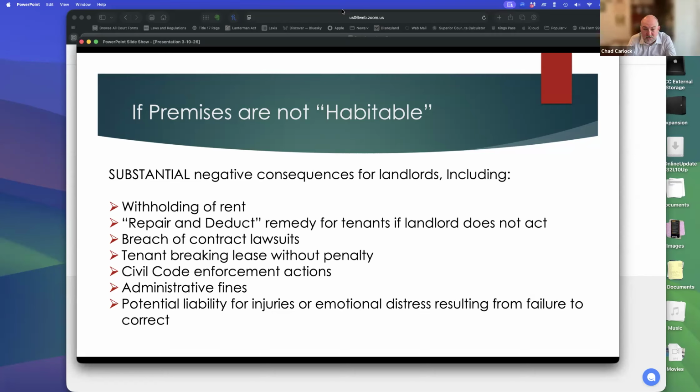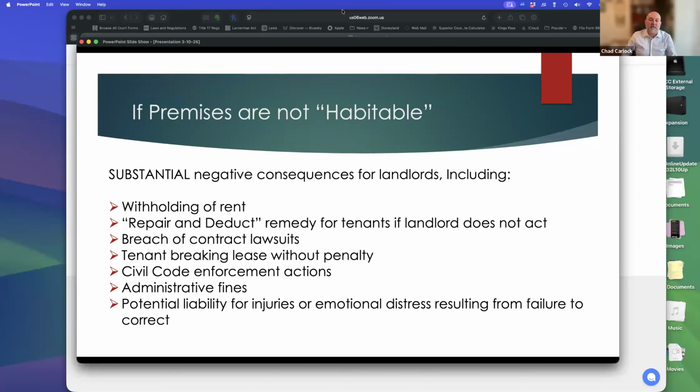Oftentimes, either in an eviction proceeding or any other unpaid rent situation, it will be a defense to the payment of rent that the premises are not habitable. And if the court agrees and finds that they were not in fact habitable, then you are not allowed to charge them any rent for the time period in which it was not habitable.